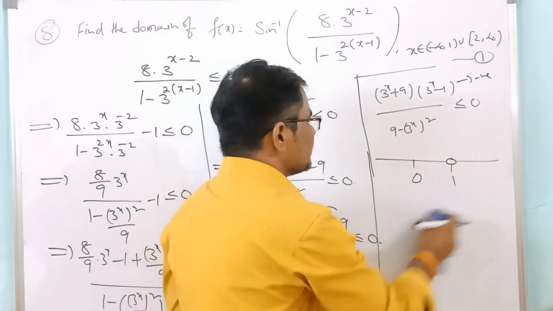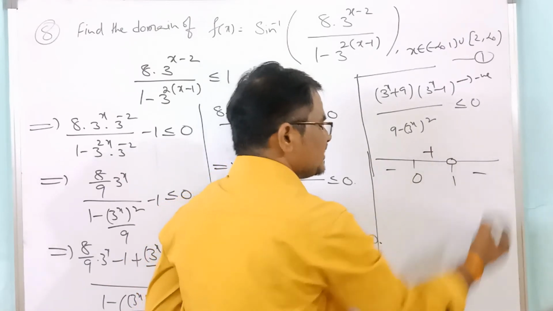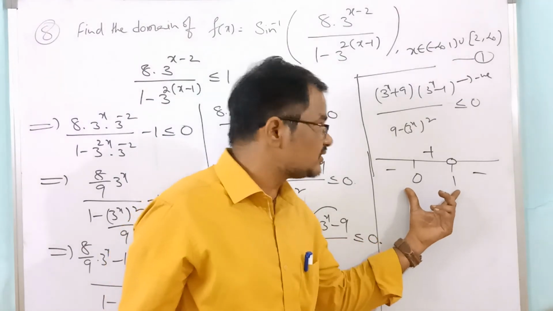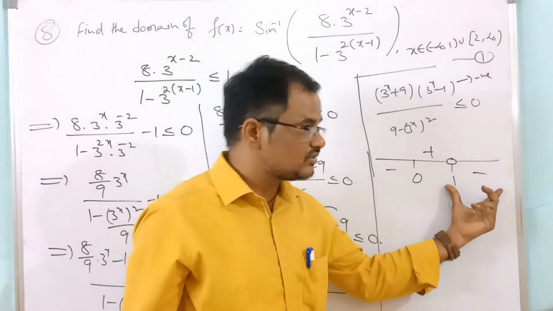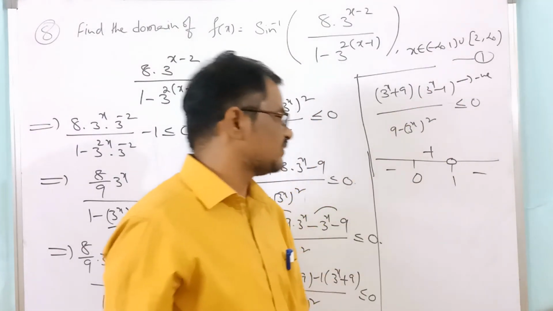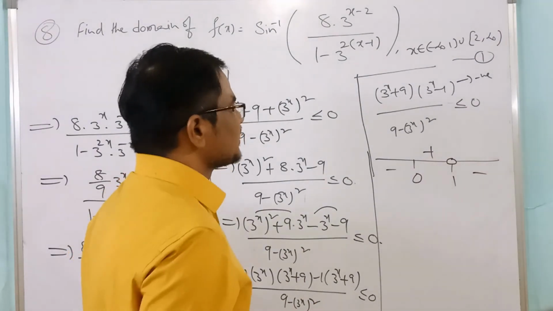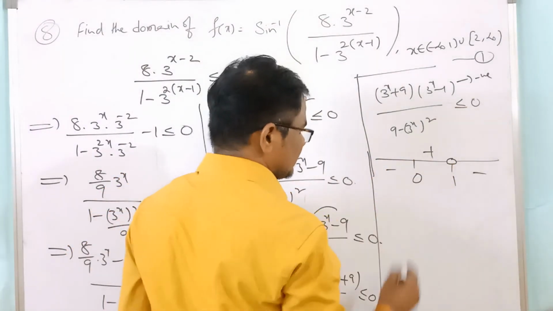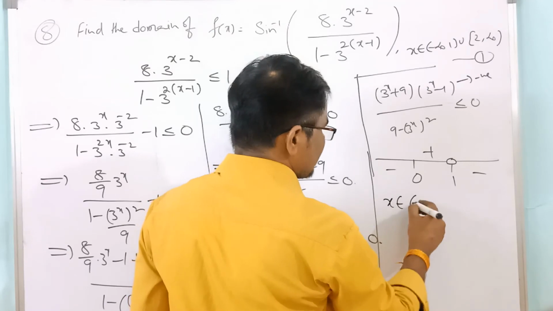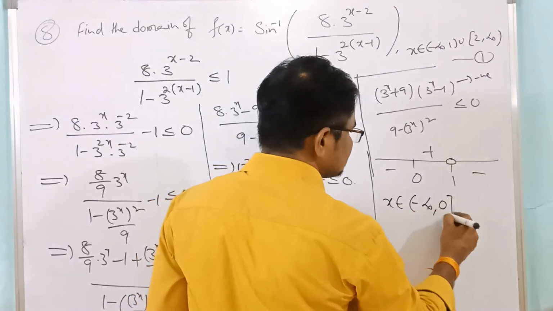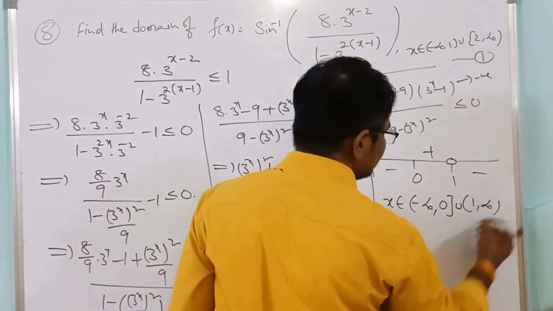So here you will get negative, here positive, here negative. In between, any one value substitute and check. Definitely like this only you will get, right? Now here, less than or equal to 0 you want. That is x belongs to minus infinity to closed interval 0 union open interval 1 to infinity.